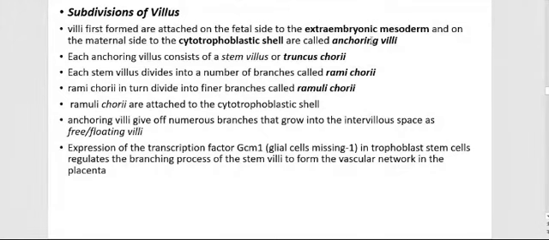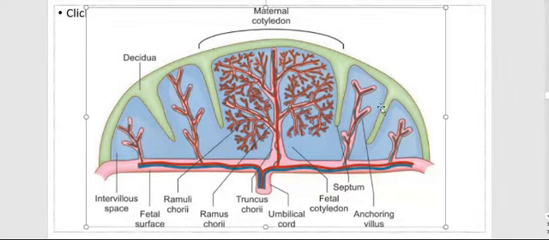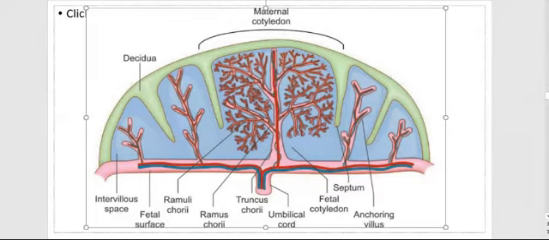They are called anchoring villi when they are just formed. So when they are formed, they look like this. You can see it's attached to the somatopleuric extraembryonic mesoderm, and then here it is attached to the cytotrophoblastic shell.